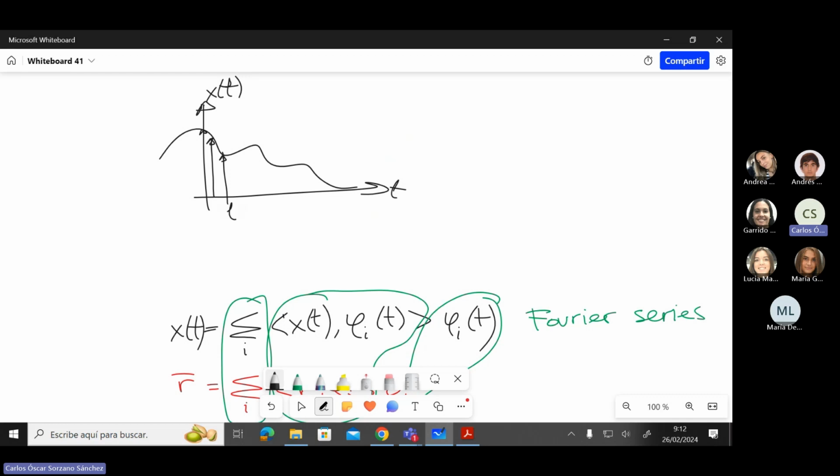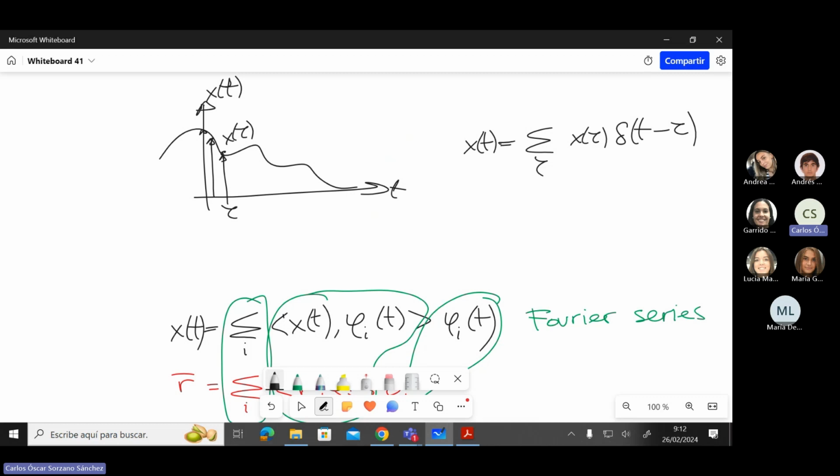Okay, so let's look at one of these. I will use the same notation I used later, so I will call it tau. At this point, what I have is x of tau. So x of t is a sum over all taus of x of tau, that is this height, times my delta shifted by tau.